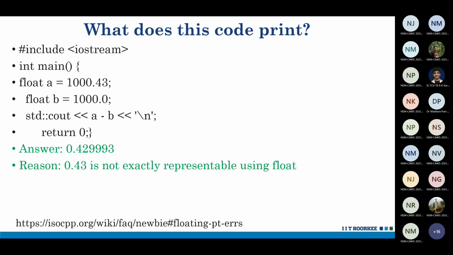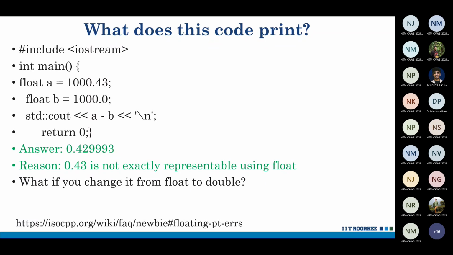Now they're asking what if you change it from float to double. If you change it from float to double, 1000.43 is still not exactly representable in binary. But since double has more digits for its decimal part, it will be able to represent it more accurately, better than the float.